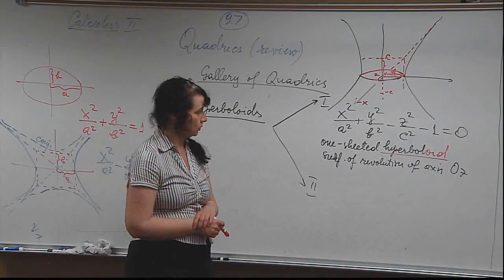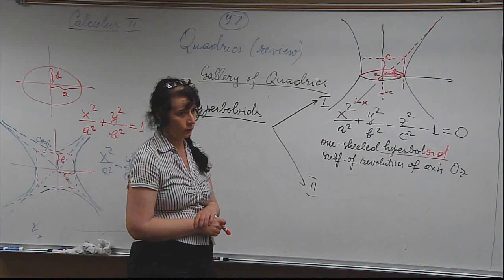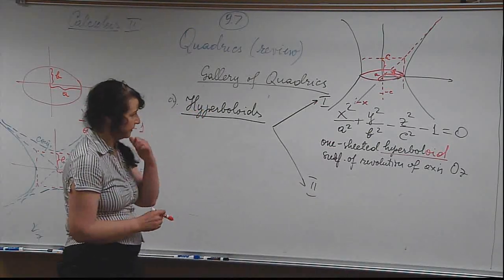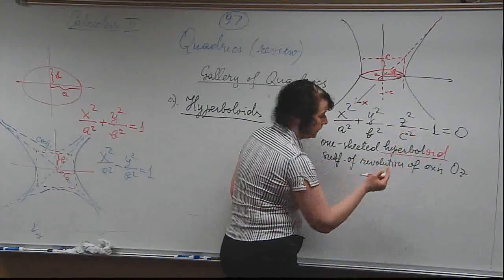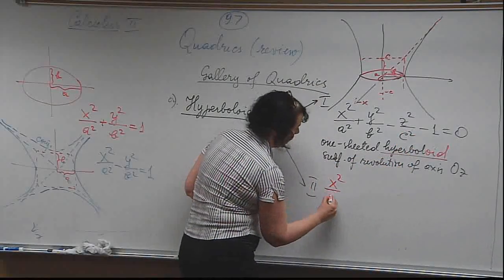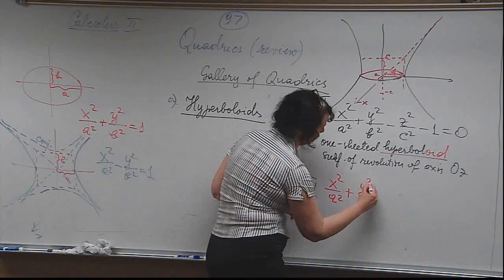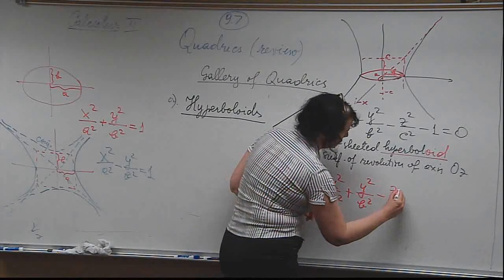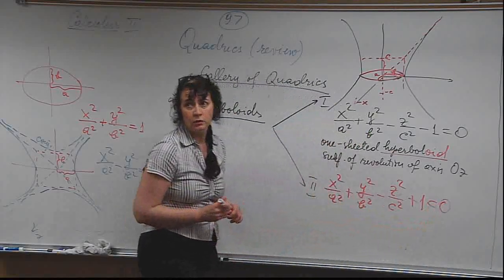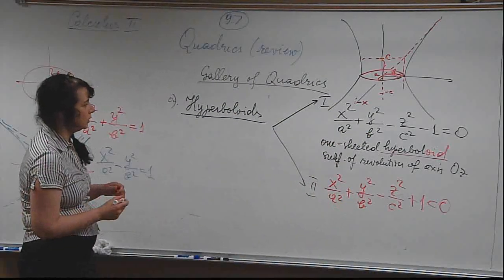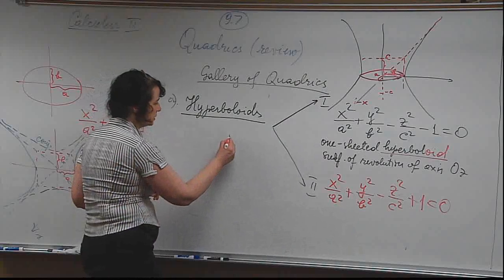It's not hard at all. What do I need to do? The same thing as here, just change the minus to a plus. Alrighty, x squared over a squared plus y squared over b squared minus z squared over c squared plus 1 equals 0. Great.